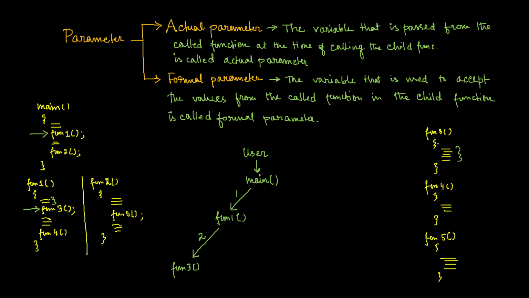Control of the processor was initially on main. When fun1 was called from main, control of the processor jumped to the fun1 function. Then from fun1 we have seen the fun3 function is called, so control jumped from fun1 to fun3, and the fun3 function completes. Naturally fun3 now will return back to fun1. What will return back? The control will return back. Data may return or may not, depending on whether the function is a void function or has a proper return type.